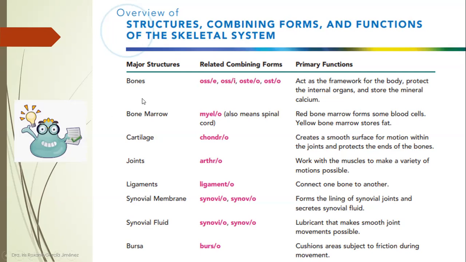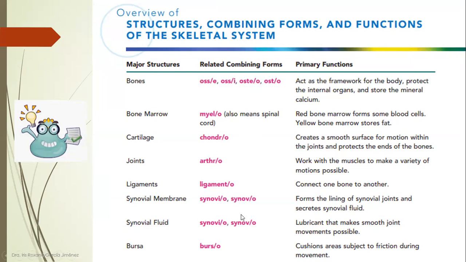The major structure, for example, bones: we have the related combining forms, with os as a word root, with the vowel a or e: oste, osseo, osteo, osto. And the primary function: act as the framework of the body, protect the internal organs, and store the mineral calcium.